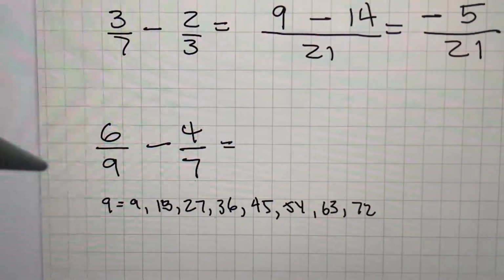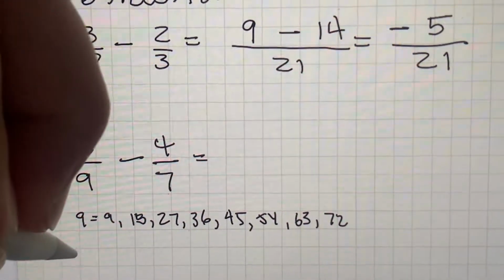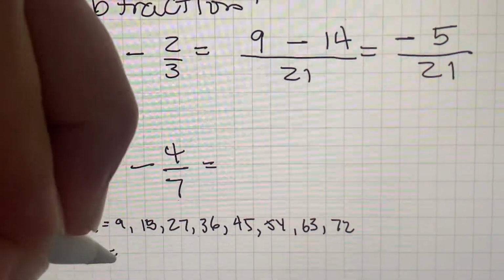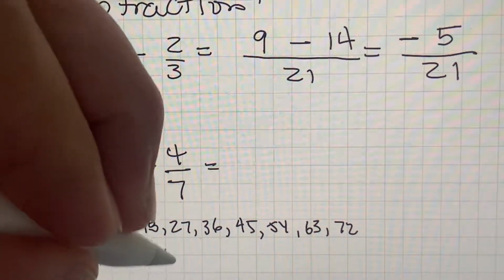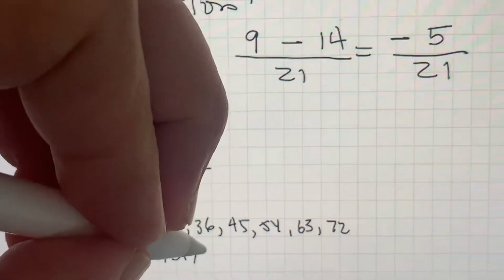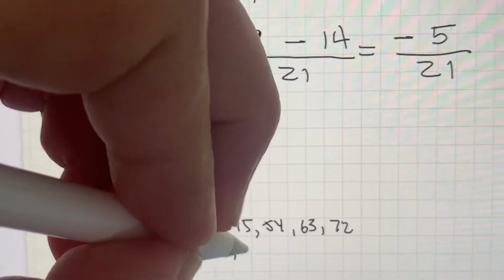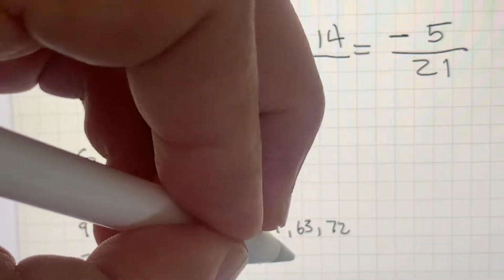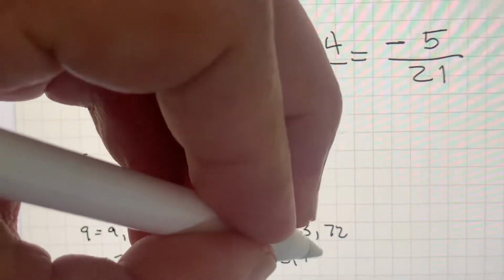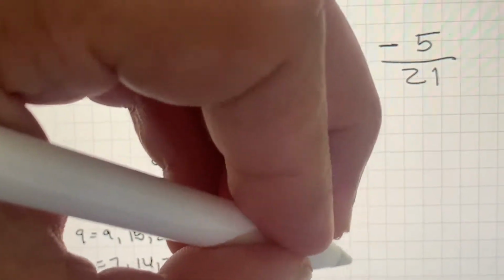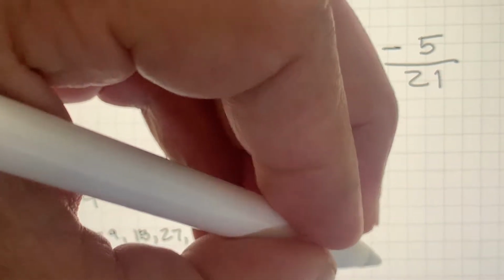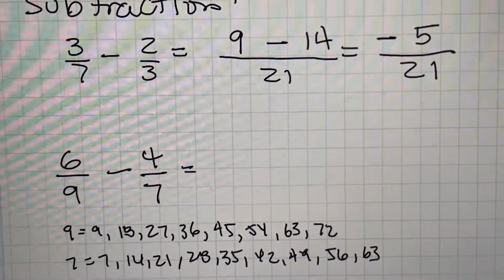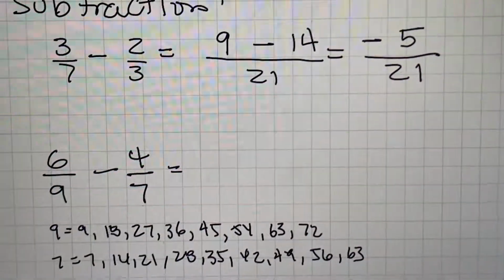Okay, and then for 7 would be 7, 14, 21, 28, 35, 42, 49, 56, 63. Okay, so the least common multiple between these two numbers is definitely 63.